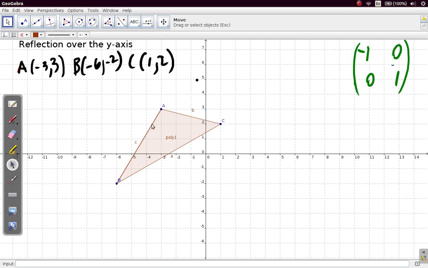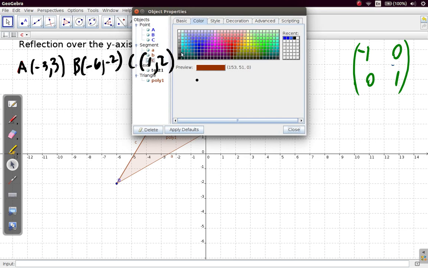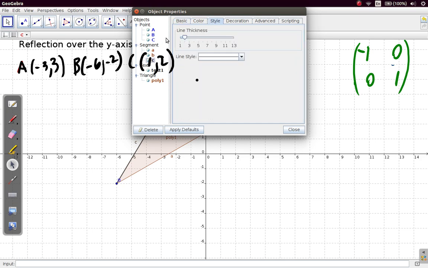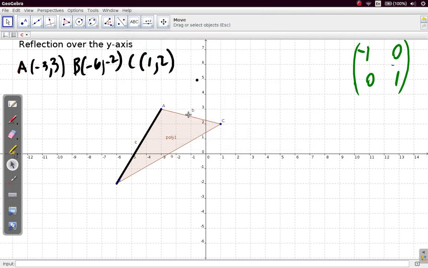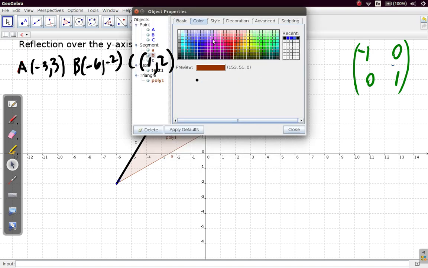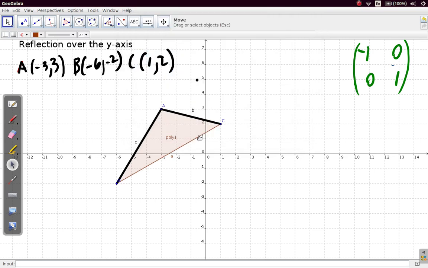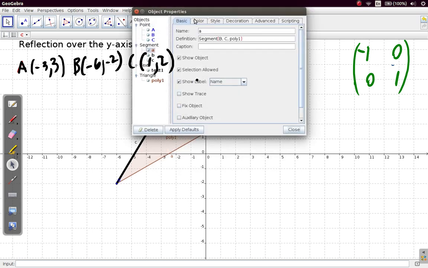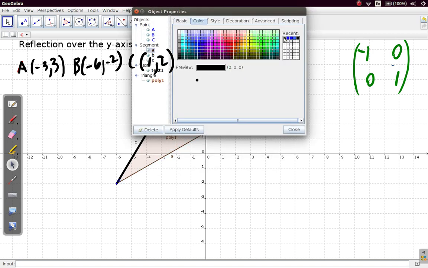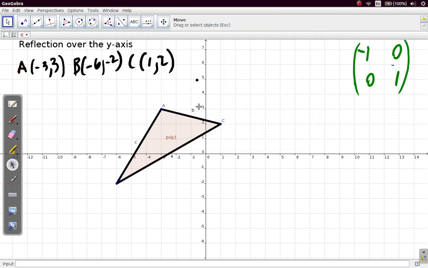Let's change the color and make the sides of the triangle black and very thick. Nice. So this is our original triangle.